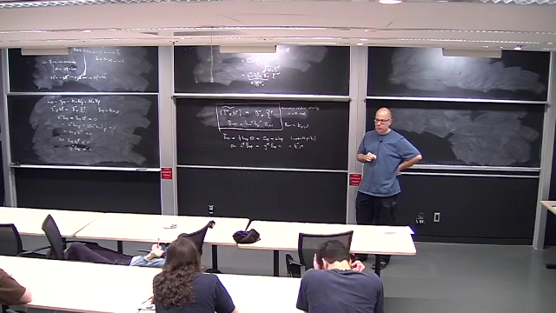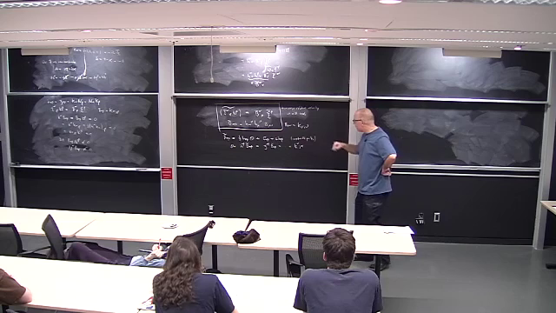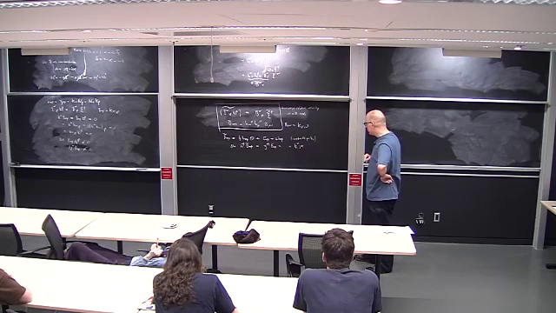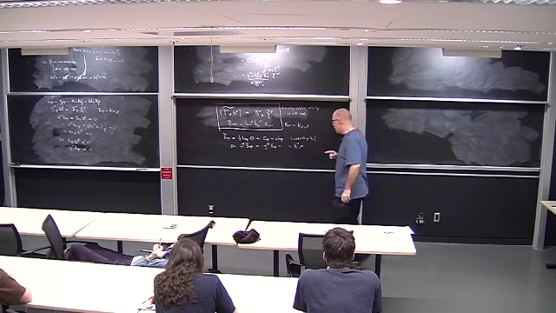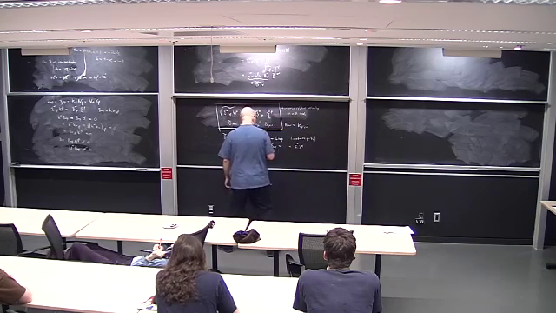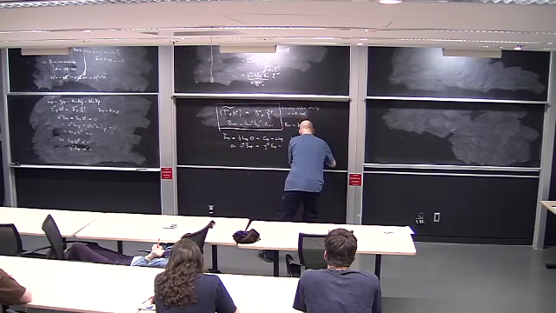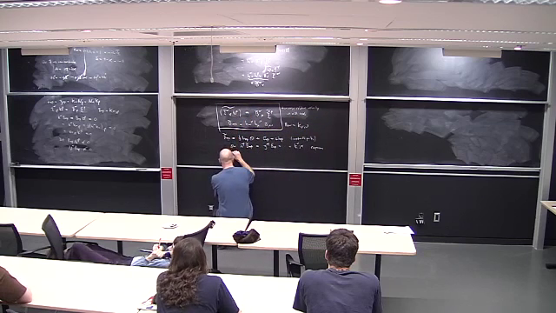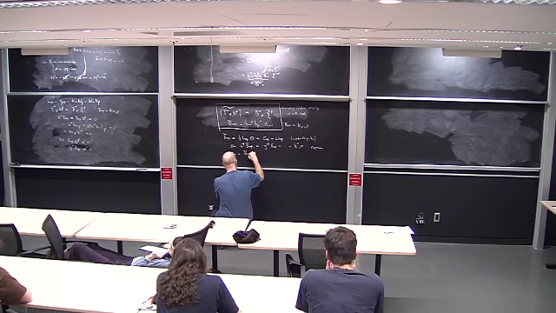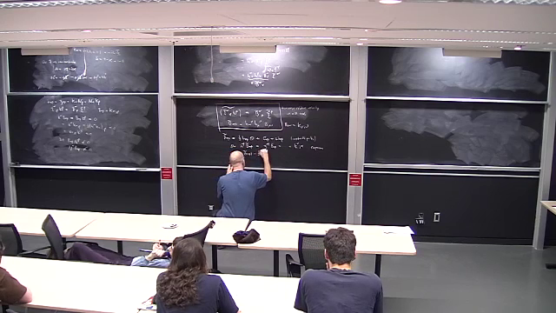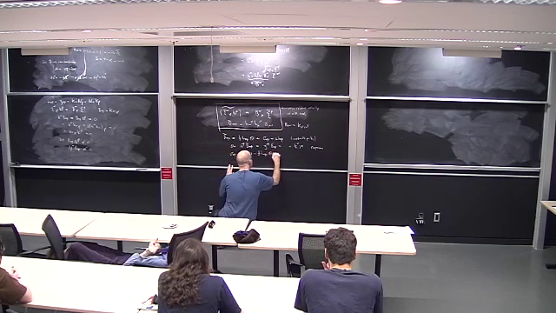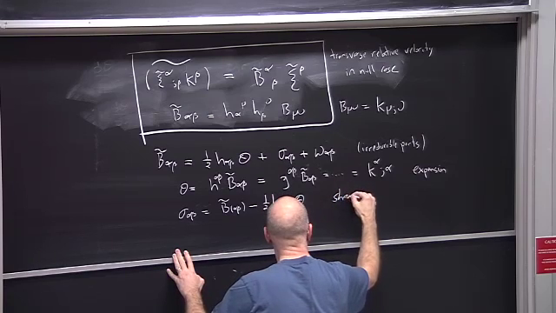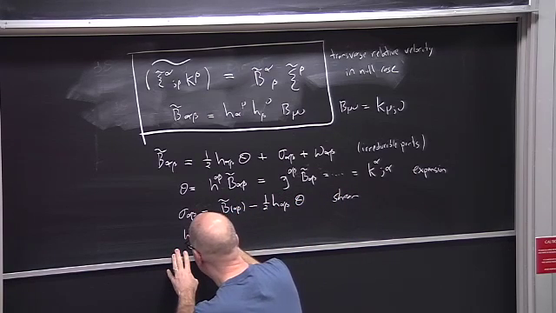The shear tensor, so this is the expansion. The shear is going to be the symmetric part of B tilde minus the trace. This is the shear tensor. And the rotation tensor would be the antisymmetric part of B tilde.